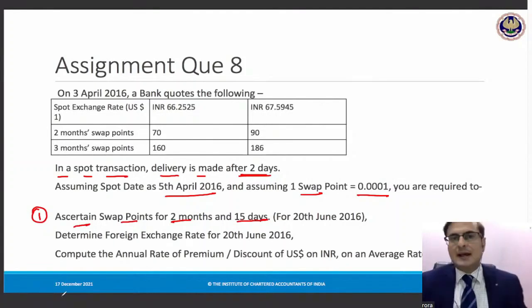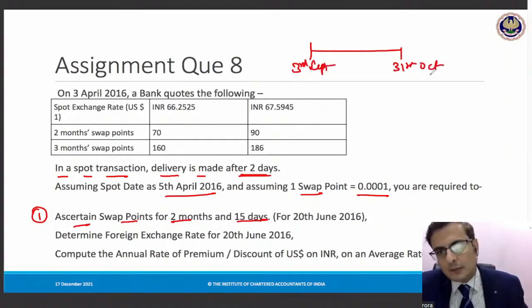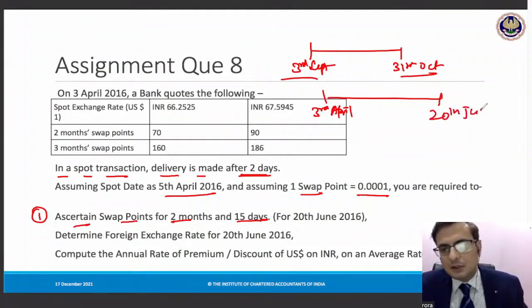See beta, question number 7 was saying that it was 3rd September and 31st October. Here the point is that this is 3rd April and this is not happening on 30th June. No, this is happening on 20th of June.